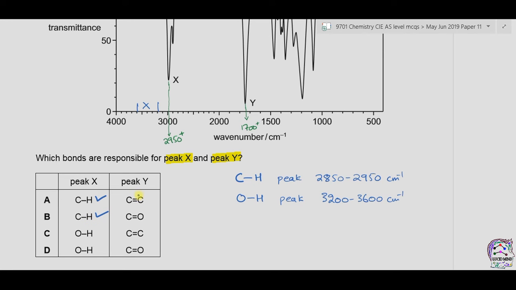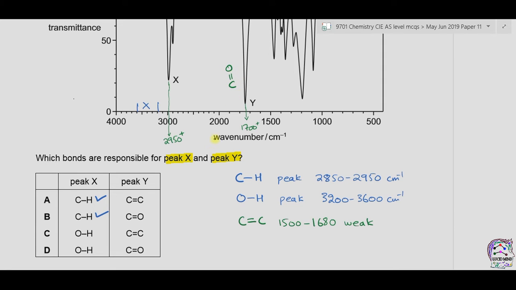Similarly, looking at peak Y, we have carbon double bond carbon and carbonyl carbon. Now carbon double bond carbon comes from alkene and the peak is around 1500 to 1680 and it is a weak peak, while we can see that this peak is very strong as the percent transmittance is very low, so therefore it is not C double bond C peak, it could be carbonyl.